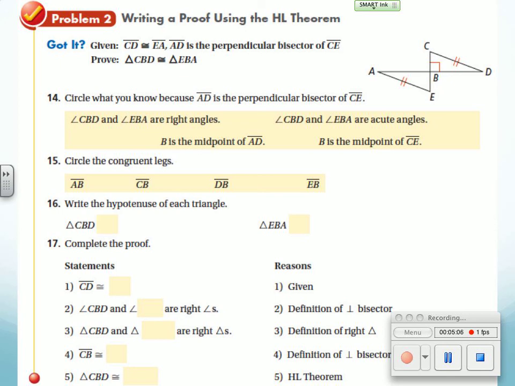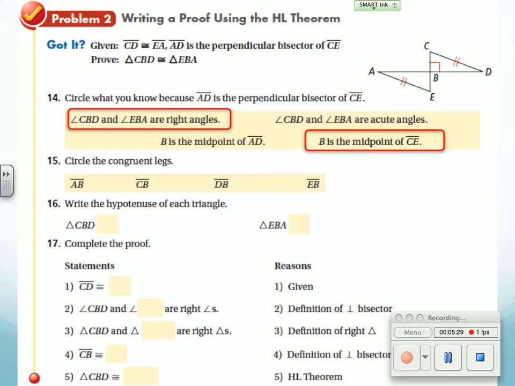All right, given that segment CD is congruent to segment EA, and AD is the perpendicular bisector of CE, which means that CB is congruent to BE, we're going to prove that triangle CBD is congruent to triangle EBA. First thing we're going to do is circle what we know.